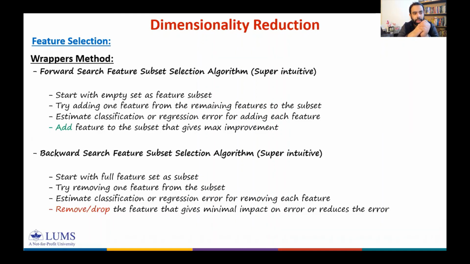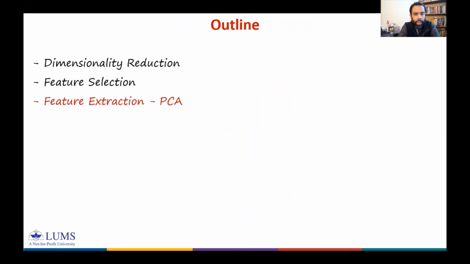Wrapper methods are very simple, super intuitive methods which you can use to form a subset of features. In the next module, I will talk about feature extraction: how can we transform a given set of features and obtain a new set of features with much less dimensionality relative to the dimensionality of the original data set.